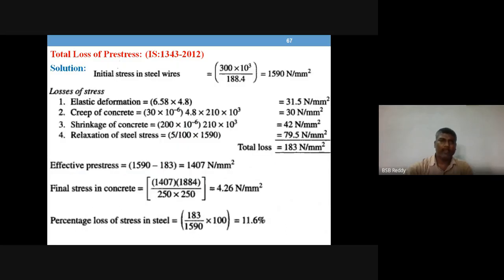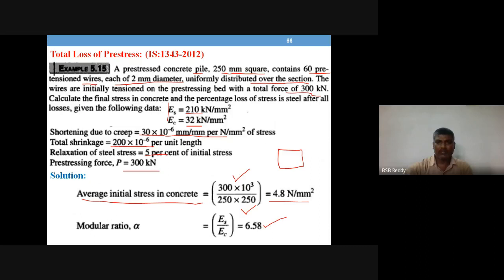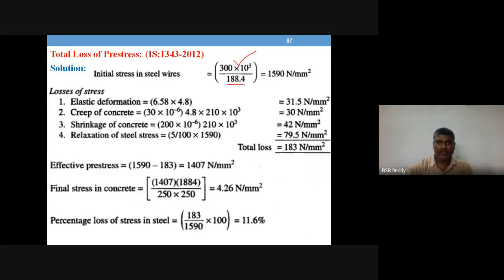The initial stress in steel wires is force divided by cross-sectional area. So 1590 is the stress induced in steel wires. Force is 300.